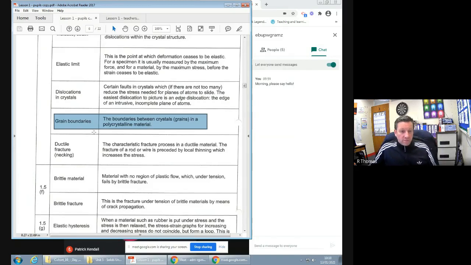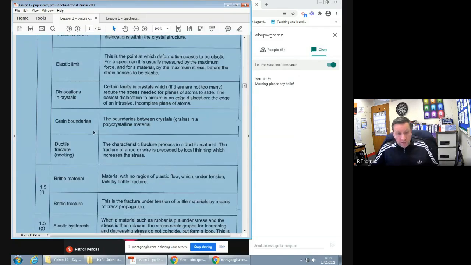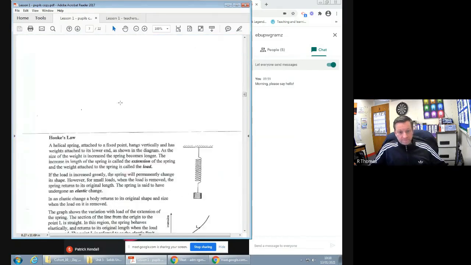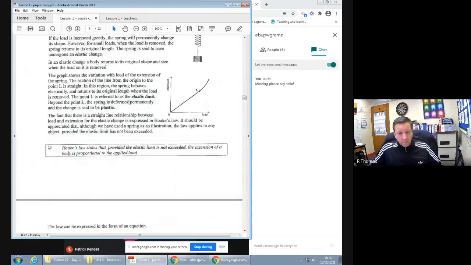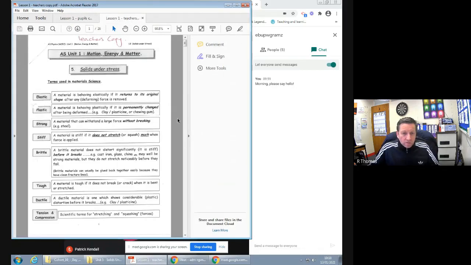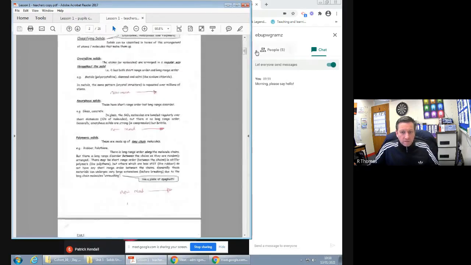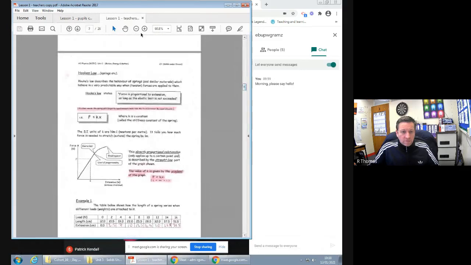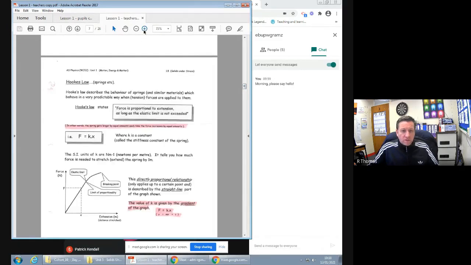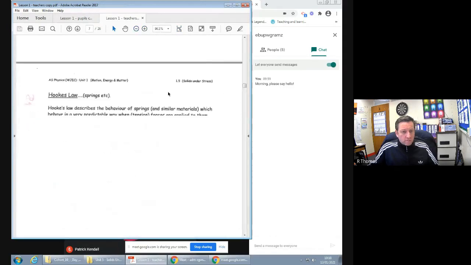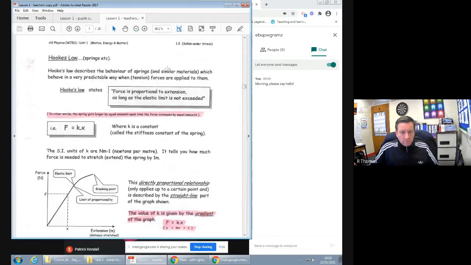So now let's do a little bit of mathematics to go with it. On to your next page, please. All right, I'm missing a page. I want us to look at this page here. Do you have this page in your pack, kids, with Hooke's Law? Can someone say yes or no?